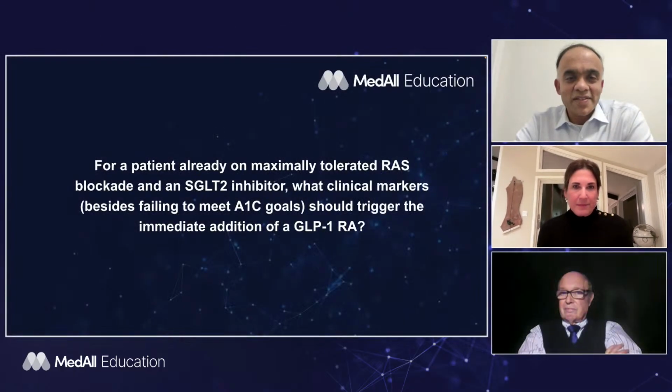It would lower weight. And there is some effect of body weight on accelerating decline in eGFR as well. So tackling that as an additional pillar might be another area where it would trigger me to think about adding a GLP-1. Excellent. Thank you. Next question.